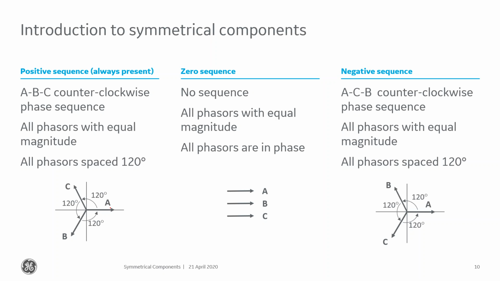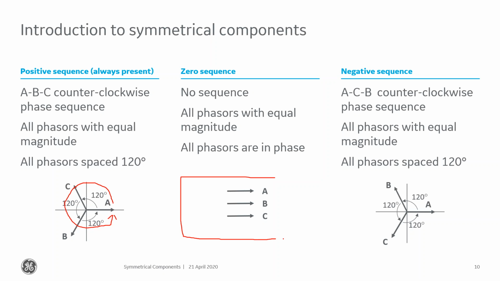That means if I were to imagine this set of vectors turning in this direction, the sequence of phases as they crossed the zero axis would be A, B, and C. So that means the ABC phase sequence. All the phasors are of equal magnitude and equal angles from each other. Now, that is the positive sequence network.